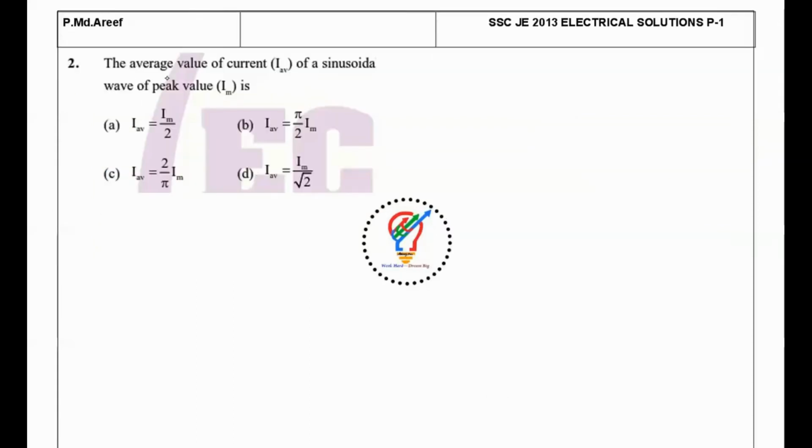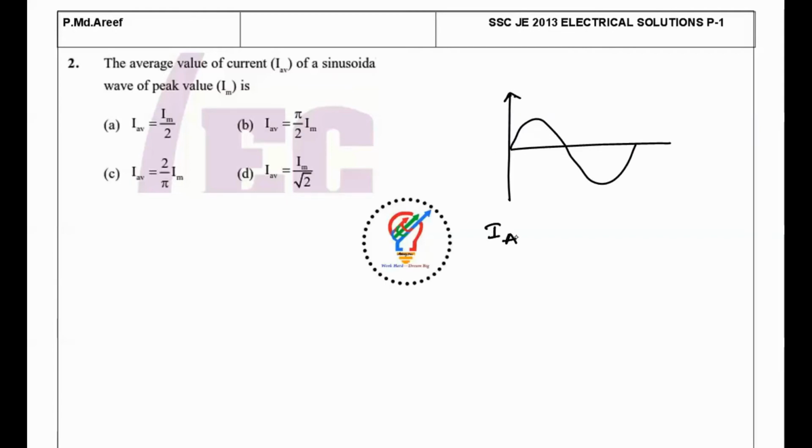Next question here is the average value of current I average of a sinusoidal waveform of peak value Im. So here let us consider a sinusoidal waveform like this. Here we need to find the average value.